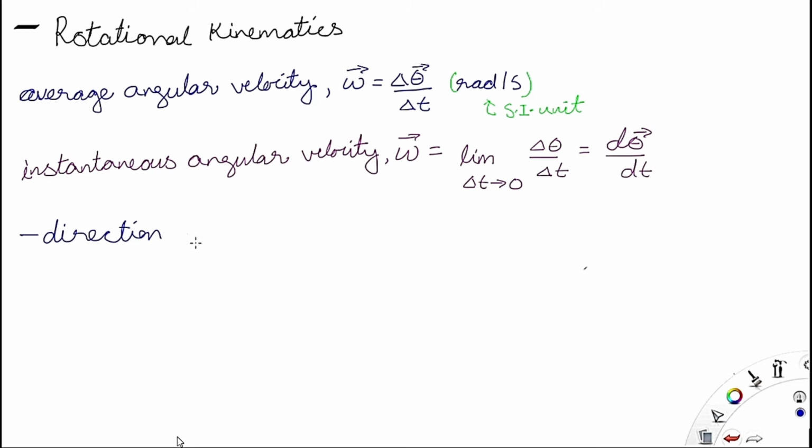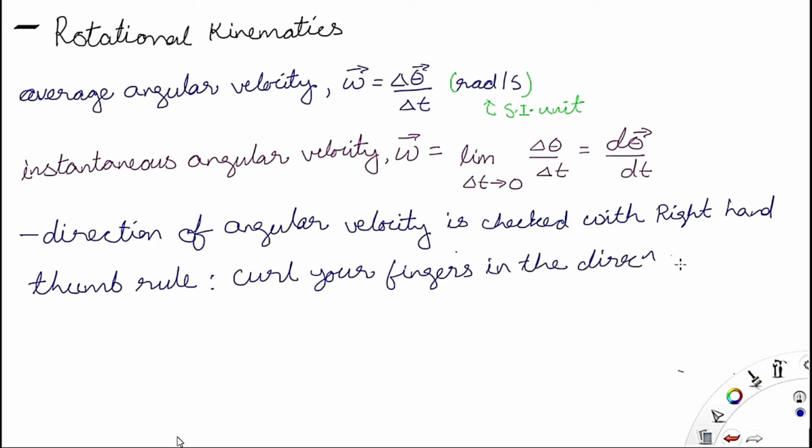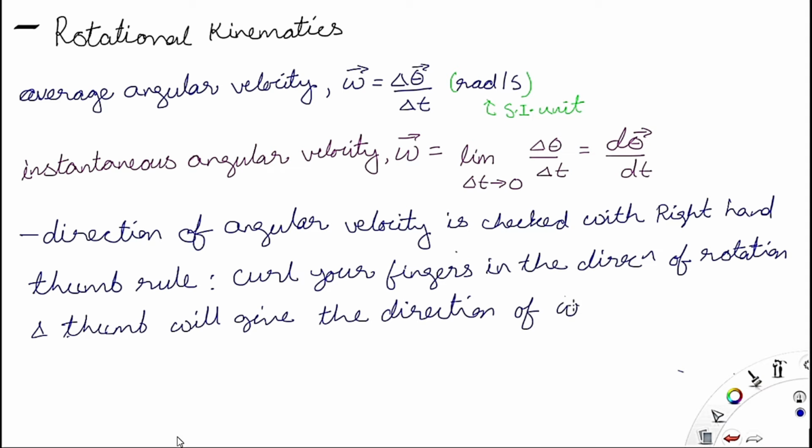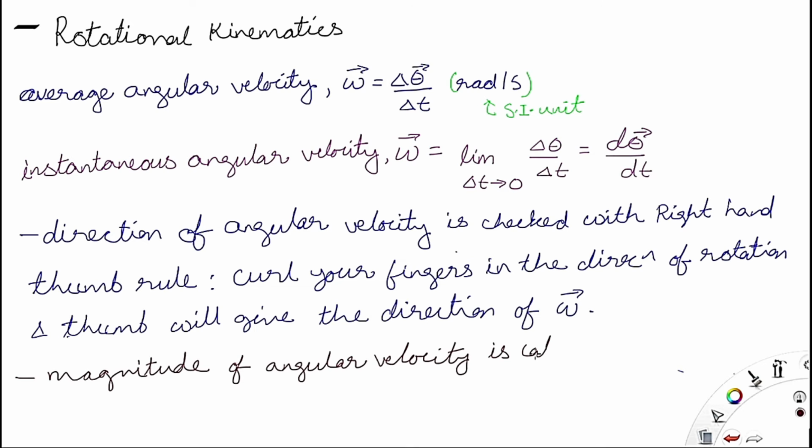Now the direction of angular velocity is found by the right hand thumb rule. Not just for omega, the right hand thumb rule is also used in finding the direction of torque and torsion, which we have seen in the torque and torsion chapter of strength of materials.